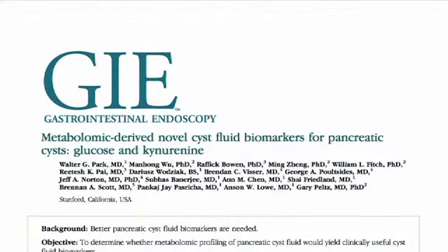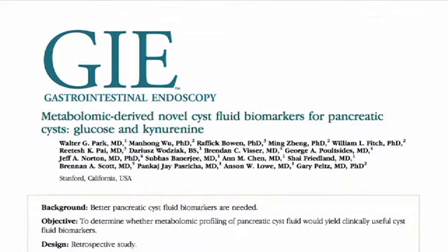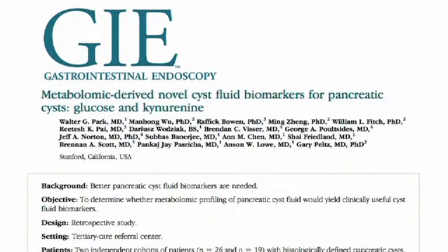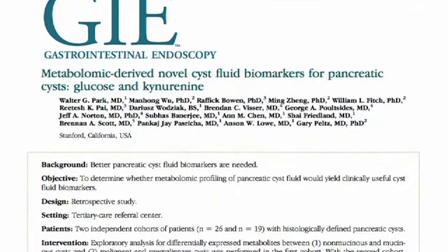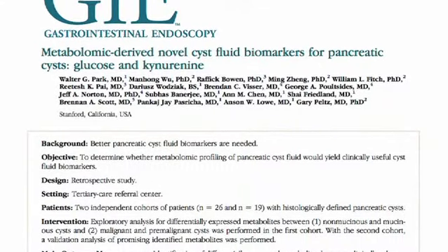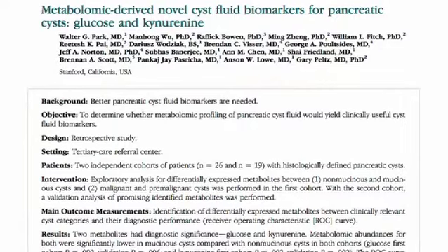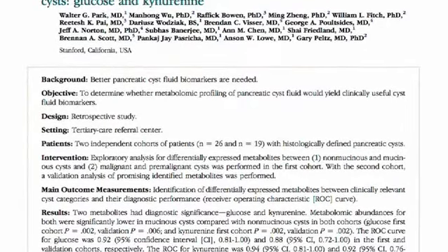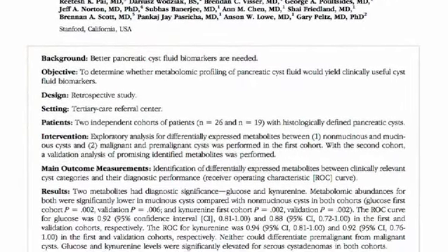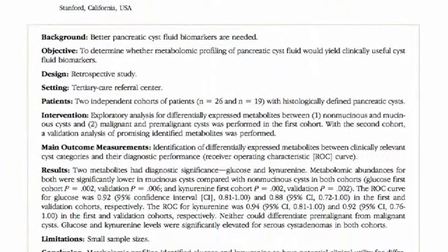We took 29 cyst types that were defined by histology. The vast majority had gone to surgery, so we were pretty sure what type of cysts we were dealing with. Then we performed a semi-targeted metabolite approach and were able to detect 500 different metabolites. Comparing that to the clinically relevant cyst categories, we found 10 that were expressed at different levels. Because this was an exploratory process, this could have just happened by chance.